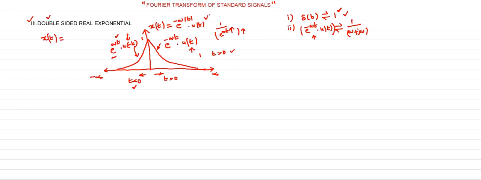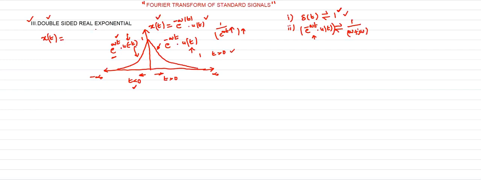Here mod t indicates it is plus or minus. If t is greater than 0, I can take the plus t. If t is less than 0, I can take the minus t, so that I can get these two expressions corresponding to this signal.